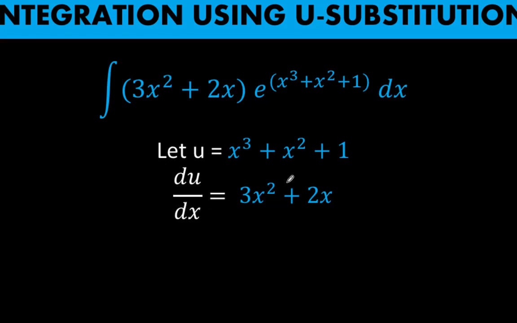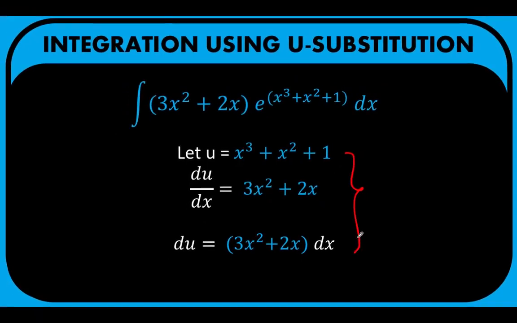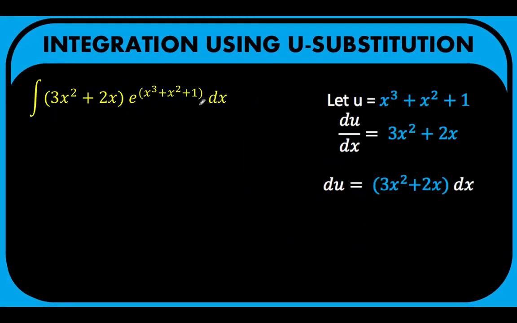But in the U-substitution, we are going to pretend that this differential du and this differential dx are the numerator and denominator of a fraction. And so we can solve for du by multiplying both sides by dx to get du equals 3x squared plus 2x times the differential dx. With this as our substitution now, let's proceed to solving this.